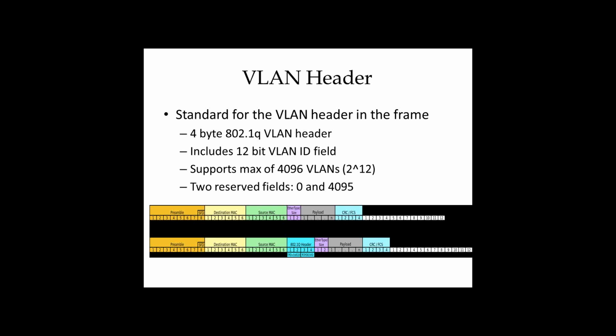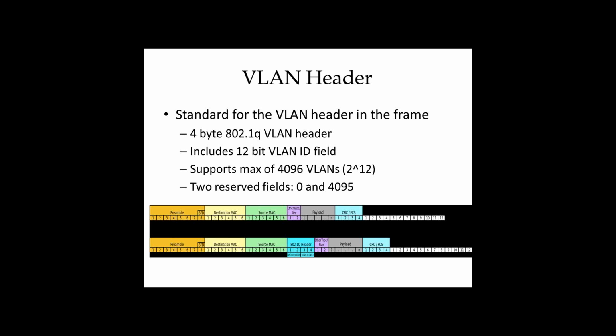But the 802.1q header, that's where you will find the VLAN number, the VLAN ID. That is a 4-byte field within the header. Of those 4 bytes, 12 bits represent the actual VLAN ID number. You do the binary math, 2 to the 12th power gets you 4096.